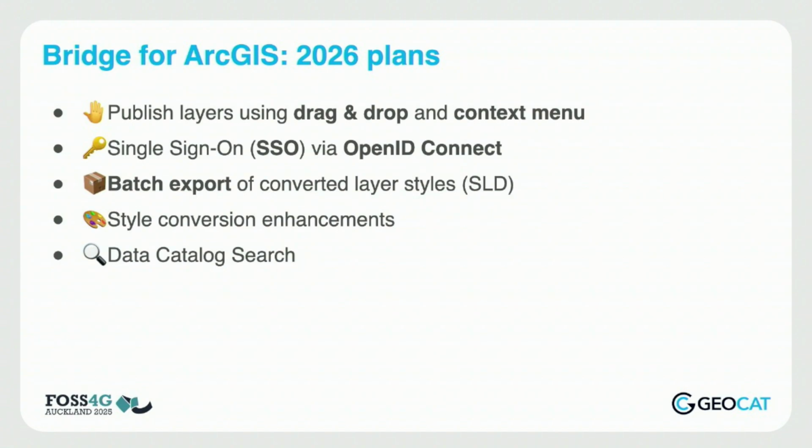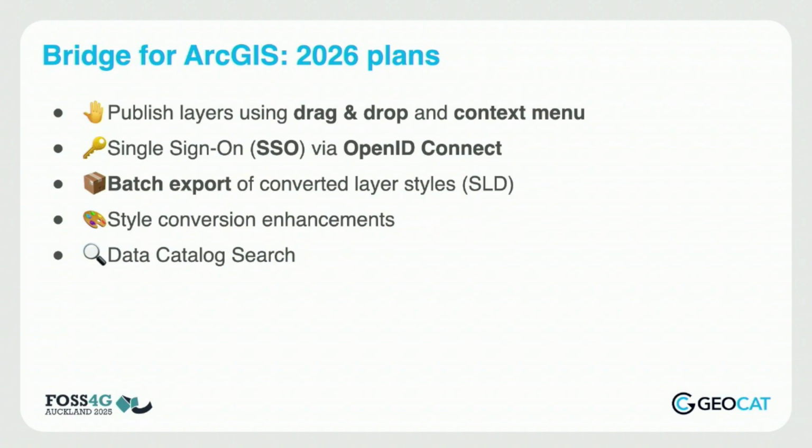Single sign-on, so that it works in an environment where you can authenticate according to your own organization's authentication schemes, but also to make sure that if you connect to a GeoCat Live instance, you would be automatically authenticated against GeoNetwork and GeoServer in the back, and possibly also to PostGIS.